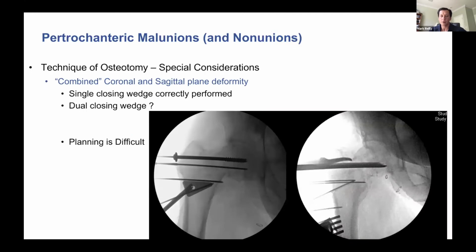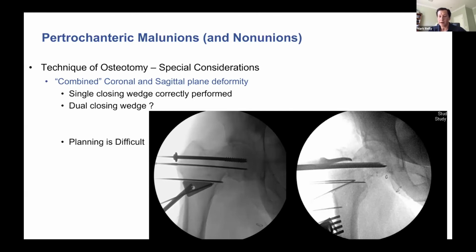So coronal plane deformity, how can we plan for that? Well, I never knew how to plan for that and how to translate that to the bone, but a technique that I've been using is the wire technique that Keith described. And so you can see that on the left, this isn't an intertrochanteric malunion, but it's just a description. You can see on the left, I've got wires that are set up for my wedge resection. On the right, you can see there are two cranial wires.